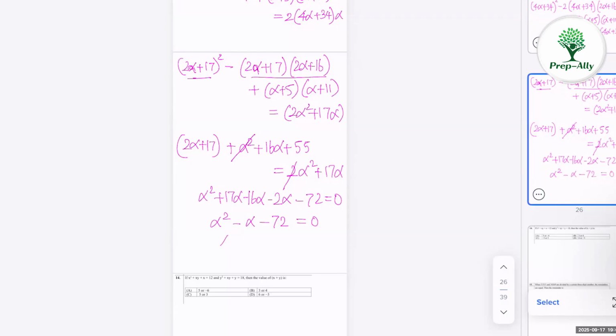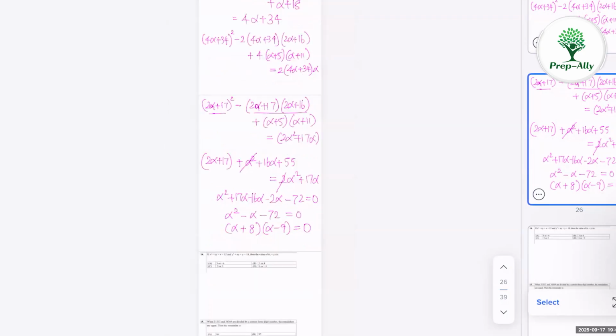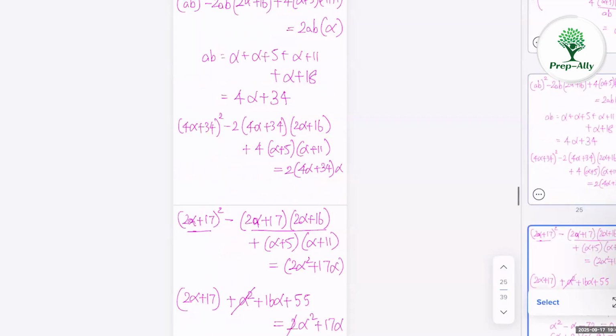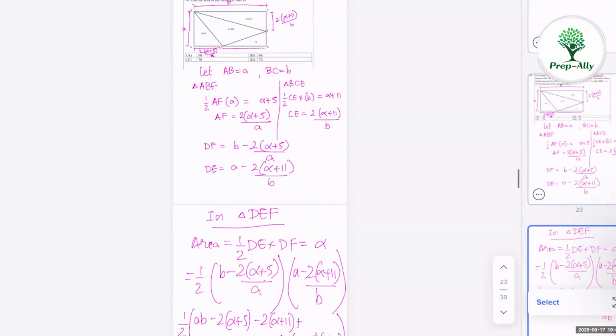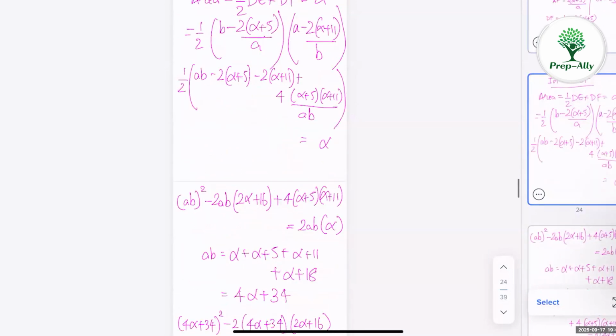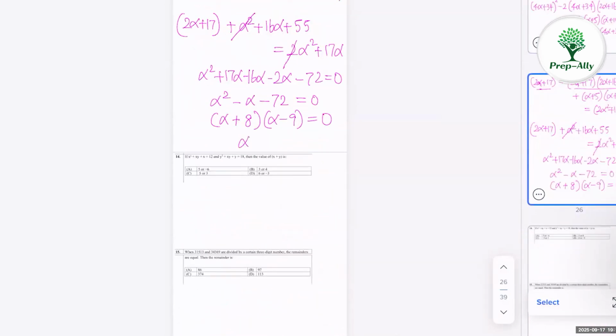So we can factor this as alpha plus 8 into alpha minus 9 equals 0. The area of a triangle cannot be negative, right? So we have alpha equal to 9.